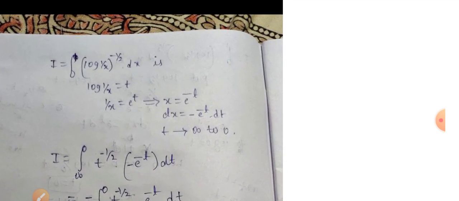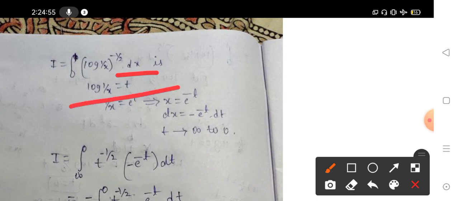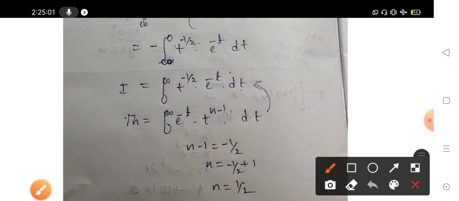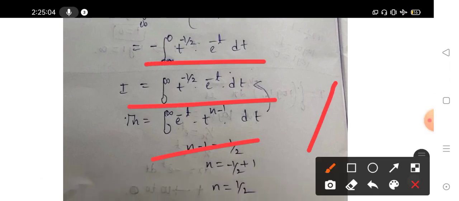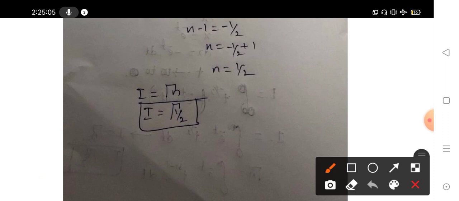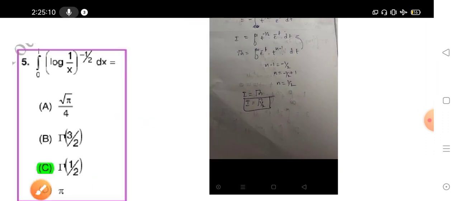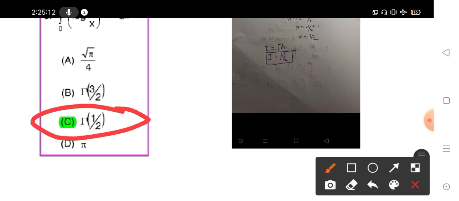Here I equals the integral of (log 1 upon x) raised to minus 1 by 2 dx. Put this value and finally we get 1 by 2. Option C is correct.